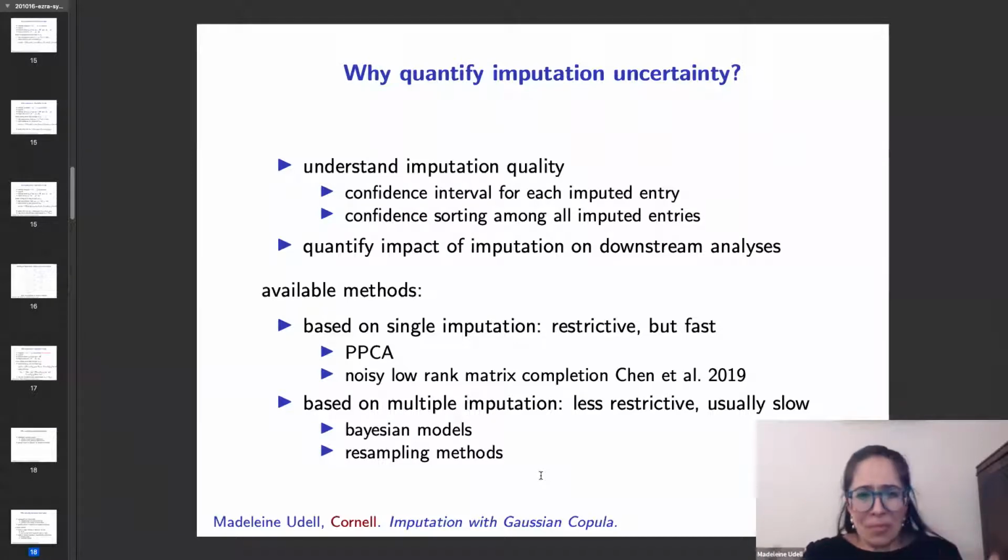That gives you a bootstrap sample of the imputed values for every entry, and you can report, for example, confidence intervals using that bootstrap sample of the values in each entry. These tend to be a little bit less restrictive. You can use a broader class of models, but they're quite slow.